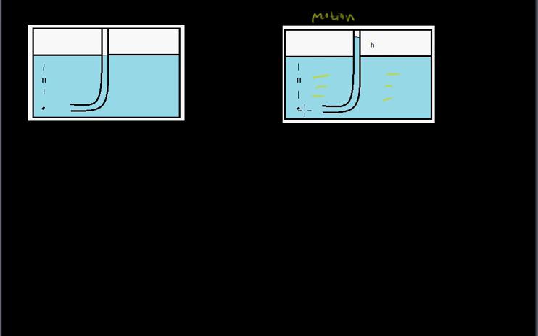So let's call this point 1, and let's call this point 2 up here. And then let me copy and paste the Bernoulli equation back over. Just one second here.